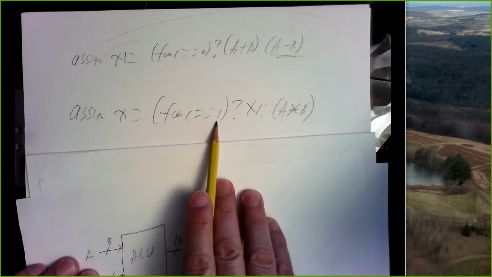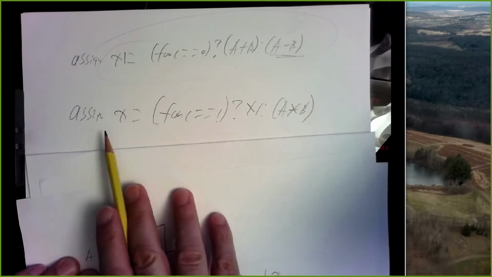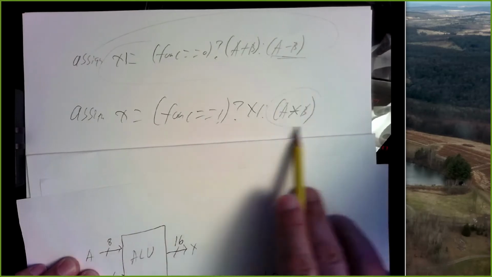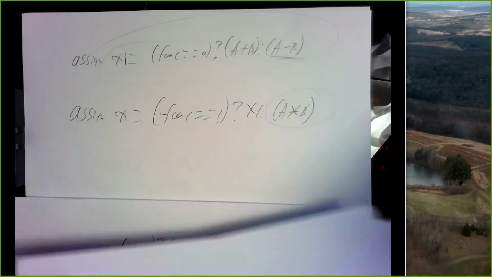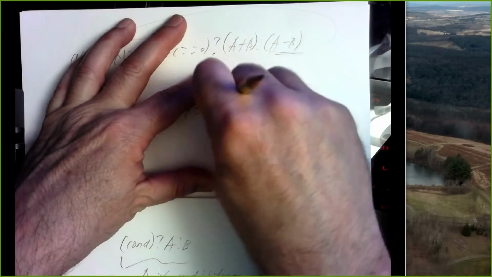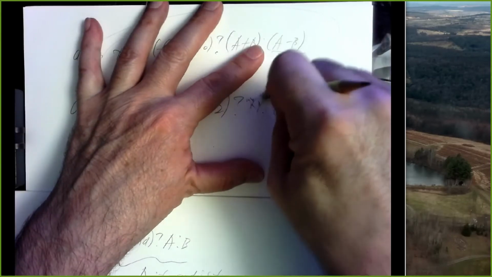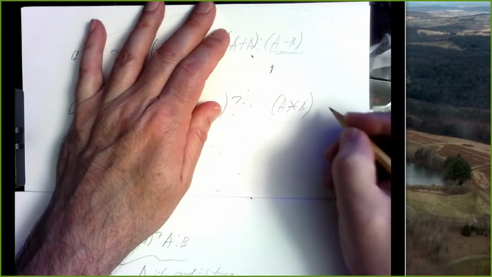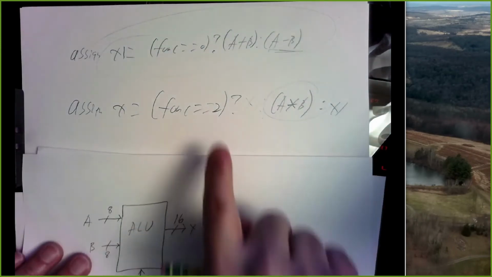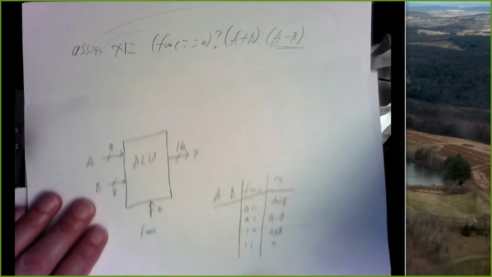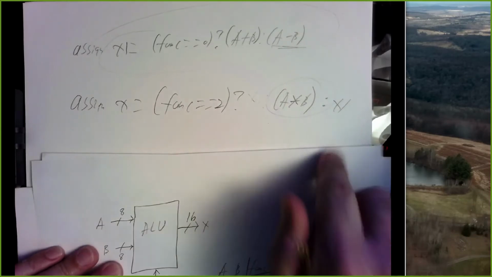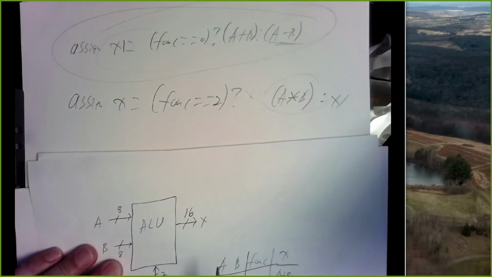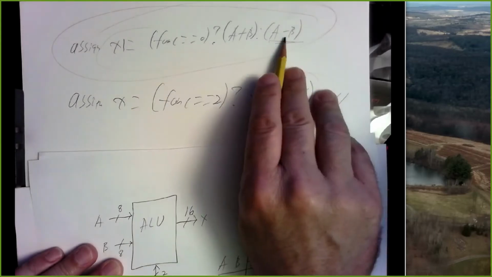Otherwise, if function is not 1, I'm going to set x equal to... actually, let me do this. Alright, if function is equal to 2, I'll set x equal to a times b, which is what I'm after. Otherwise, I'll set x equal to whatever I got up here, which is going to be either a plus b for 0 or a minus b for 1.